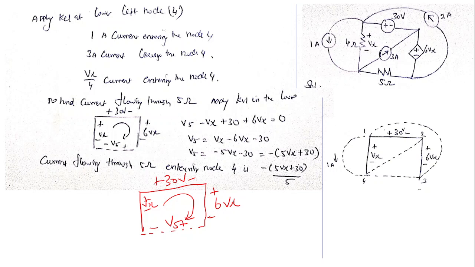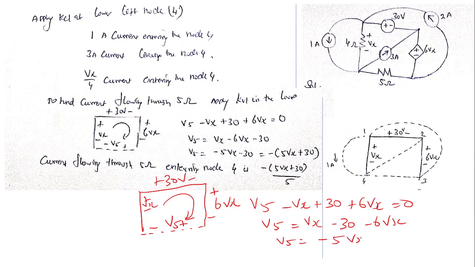So if I apply KVL, I will get plus V5 minus Vx plus 30 plus 6 Vx is equal to 0. V5 will be equal to plus Vx minus 30 minus 6 Vx, so V5 is equal to minus 5 Vx minus 30. I can take minus outside, so it will become minus of 5Vx plus 30.